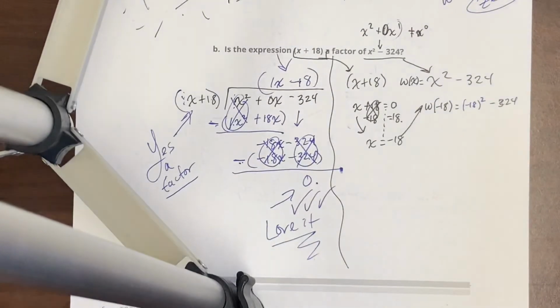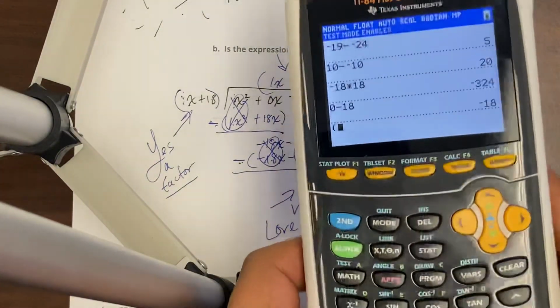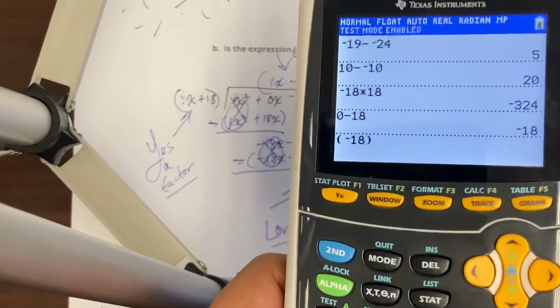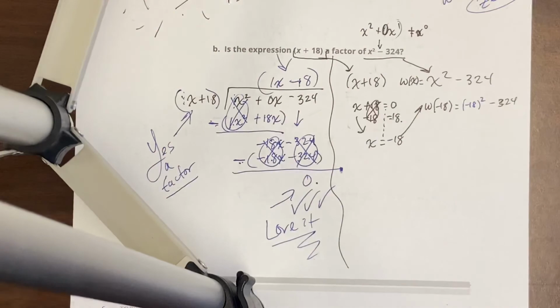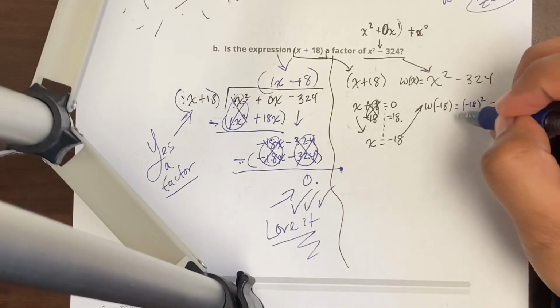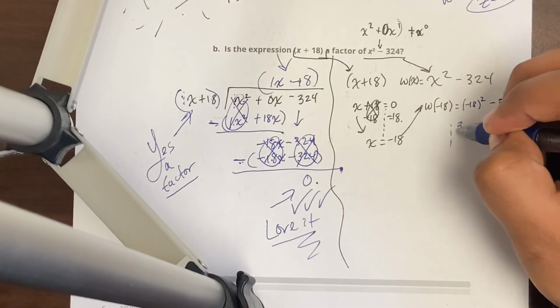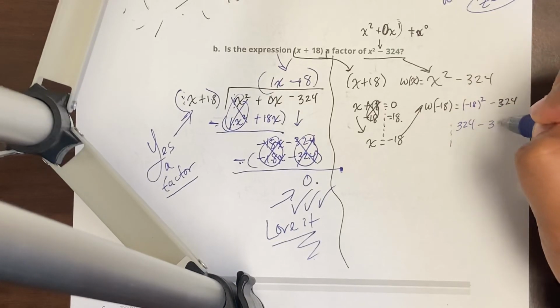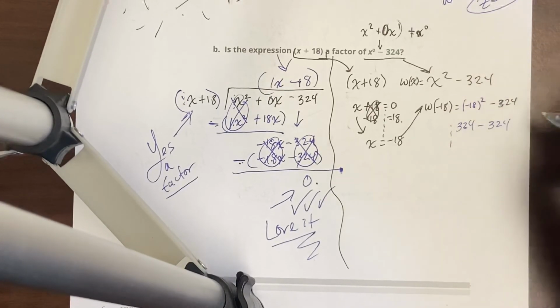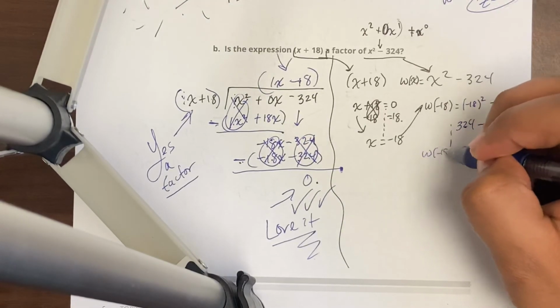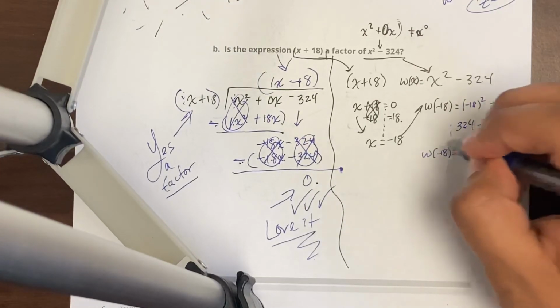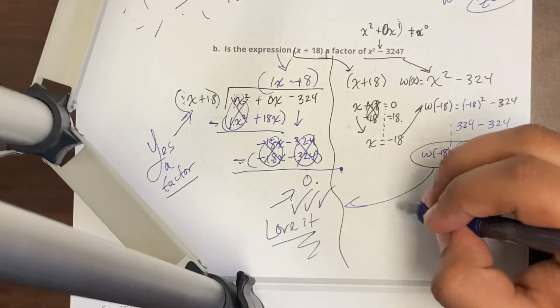Let's check what negative 18 squared is. You do need the parentheses, don't forget that. 324. 324 minus 324. 0. W of negative 18 is 0. Looks wonderful.